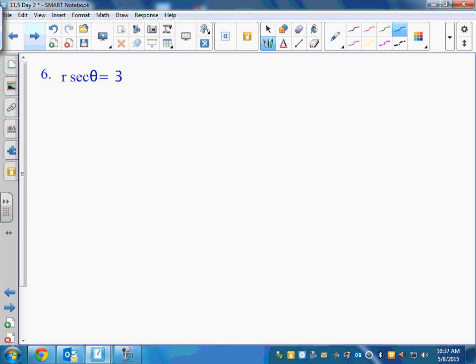Is this the last one? We do the same thing we did on the last one. It doesn't quite work out the same, right? We would have that if we change that to cosine. So we can't replace that with x. Any ideas? Multiply the cosine theta to the other side.